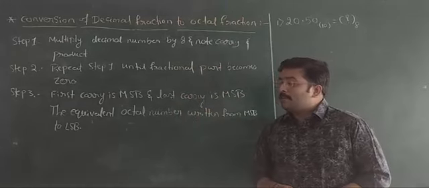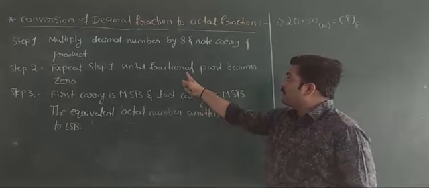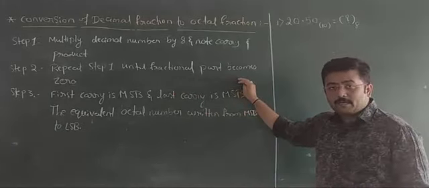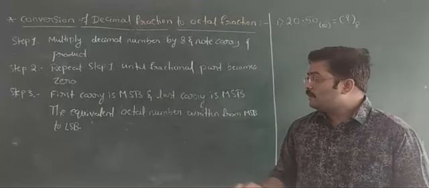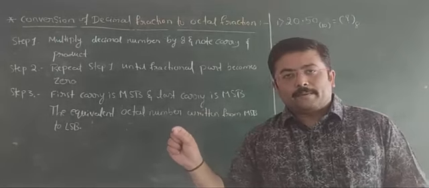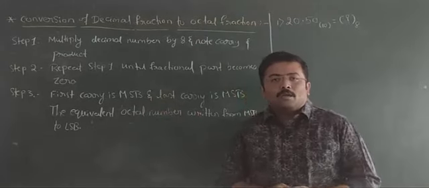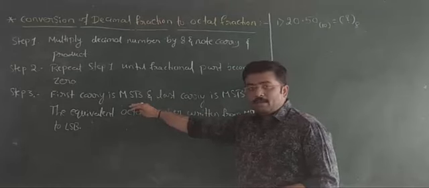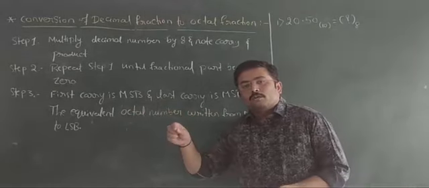Step 2 is to repeat step 1 until the fractional part becomes 0. Step 3: the first carry is called the MSB and the last carry is called the LSB.